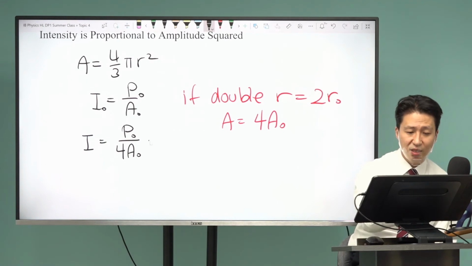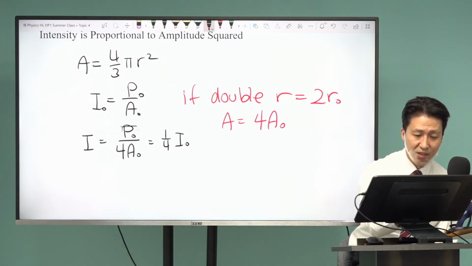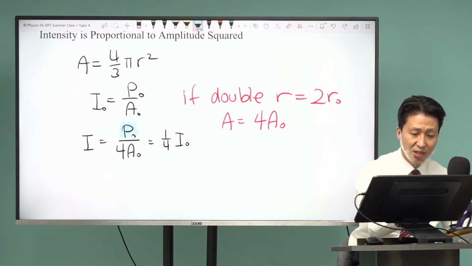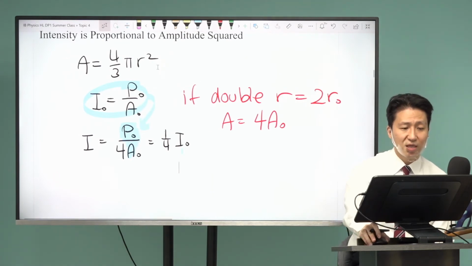This means the intensity is 1/4 of the original intensity. Because power divided by the initial area was this. I just replaced this with I0, right?